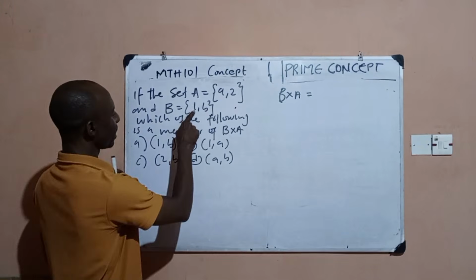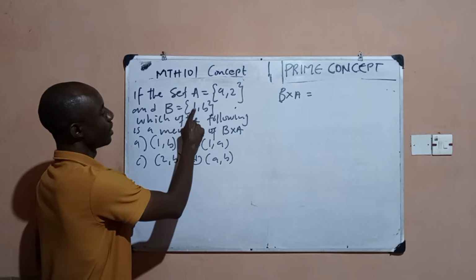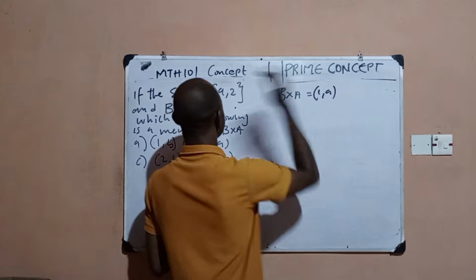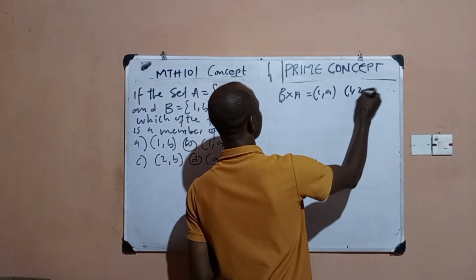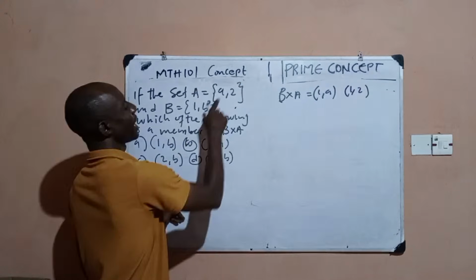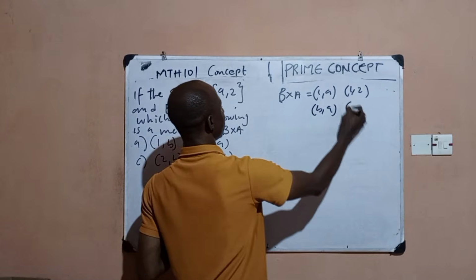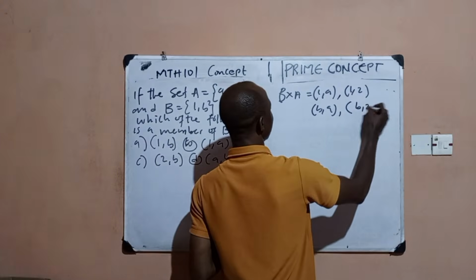So B now, the element is 1. So you use 1 first. You are starting with B, which is 1. So 1 against A will give you 1, A. 1 against 2 will give you 1, 2. B against A will give you what? B, A. Then you have B against 2 will give you B, 2.